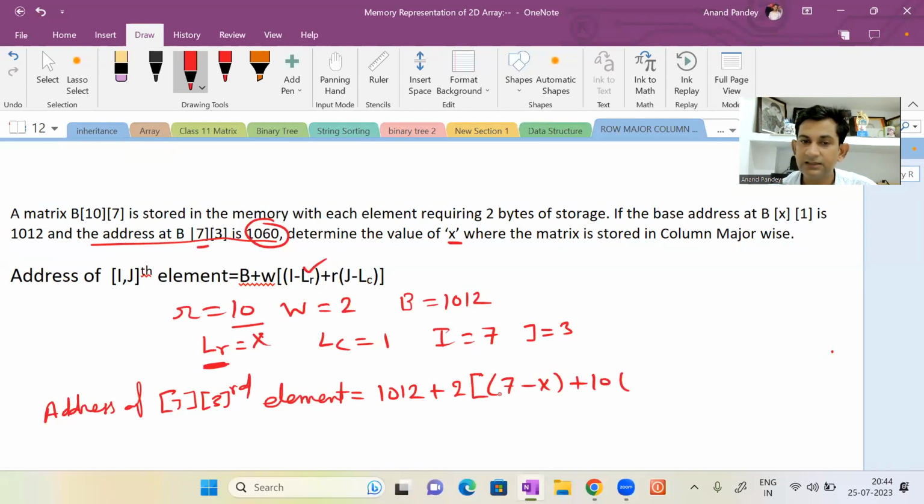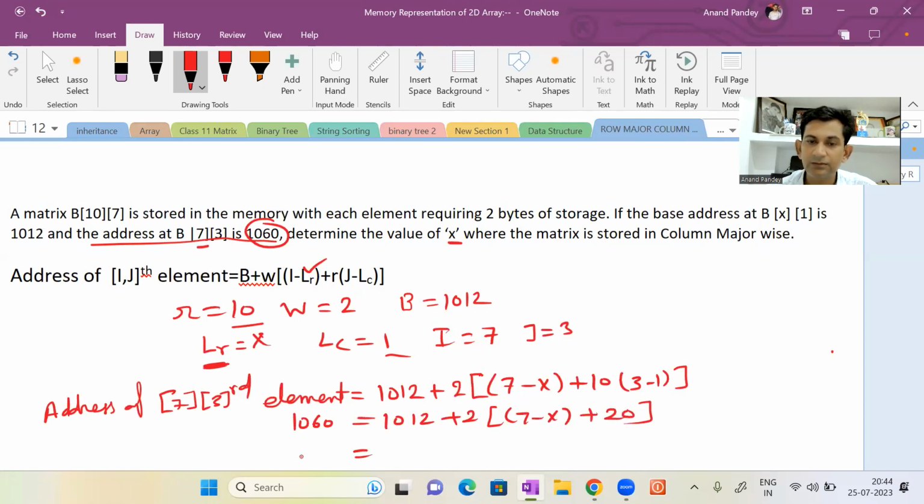j minus LC. j is what? 3 minus LC. What is the value of LC? 1. So 3 minus 1. Okay. Now the address of the 7 3 third element is also given, that is 1060. It means 1060 equal to 1012 plus 2 into 7 minus x plus 10 into 2.